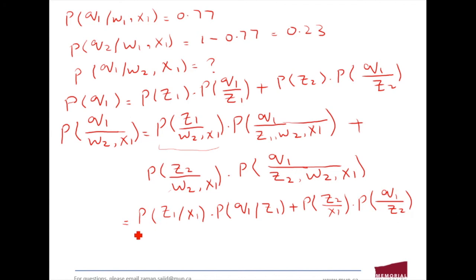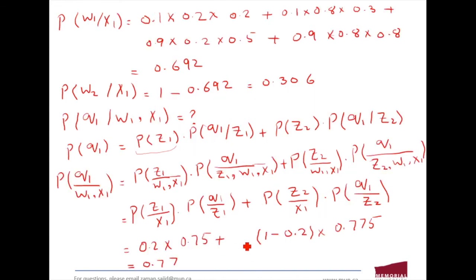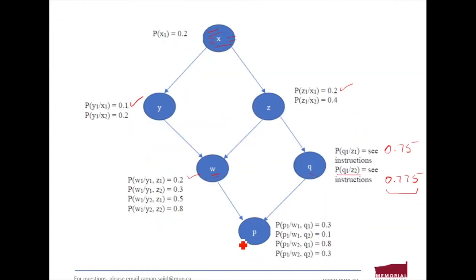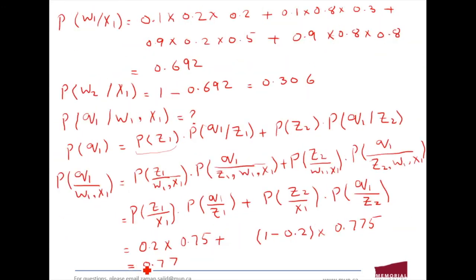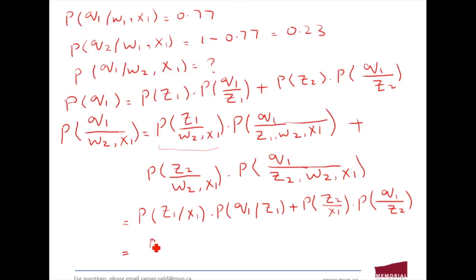Now the next is we just plug in our values here. Probability of the Z1 given that X1. Let's go back to the network here. So probability of the Z1 given that X1 is 0.2, multiplied by probability of the Q1 given that Z1.